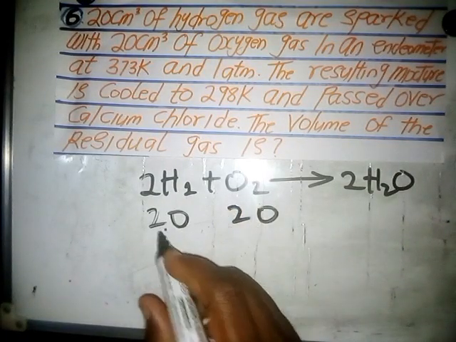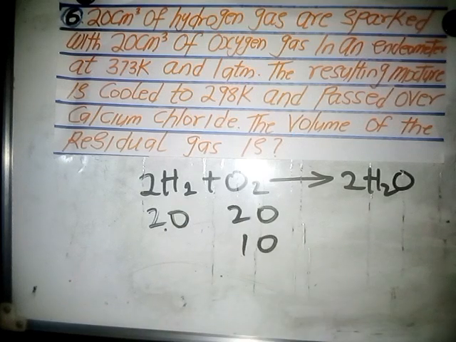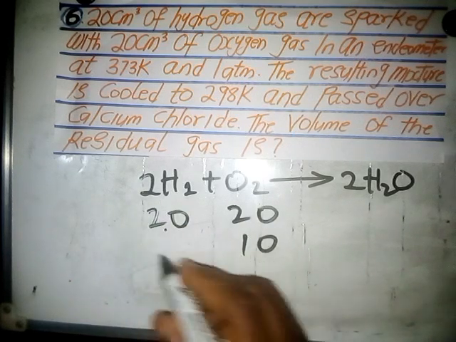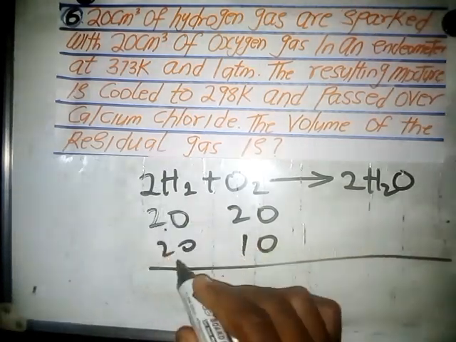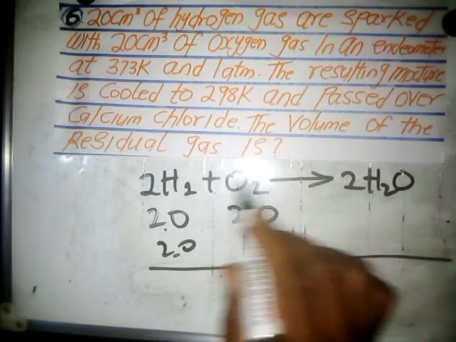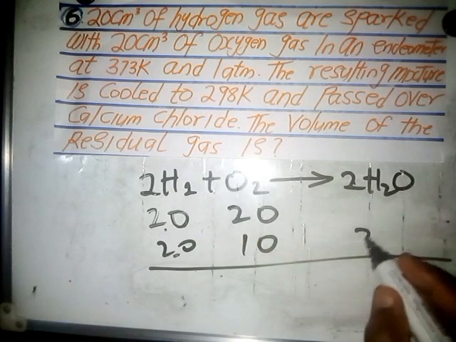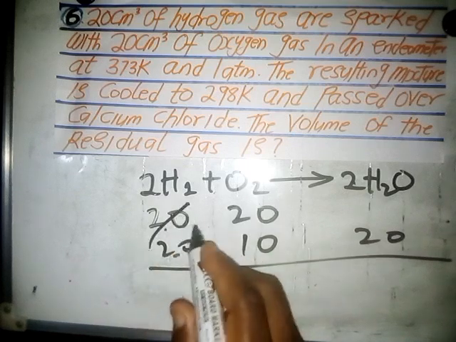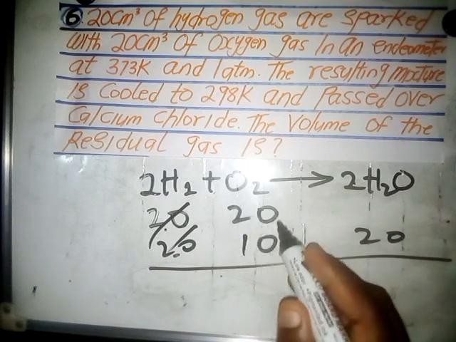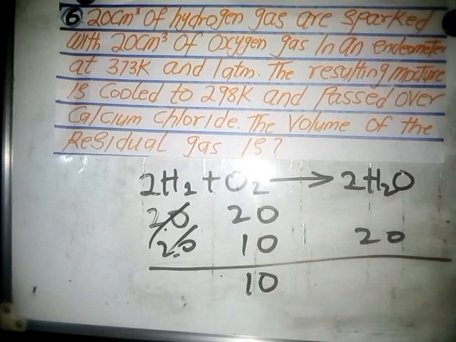20 of hydrogen with 20 of oxygen. As usual, half of 20 is 10. 2 times 10, 20. What you have here, since here is 20, because the molar ratios are the same, here will also be 20. Right? So this is gone. 20 minus 10, 10.